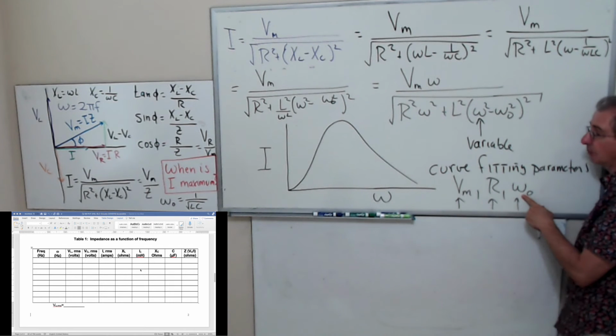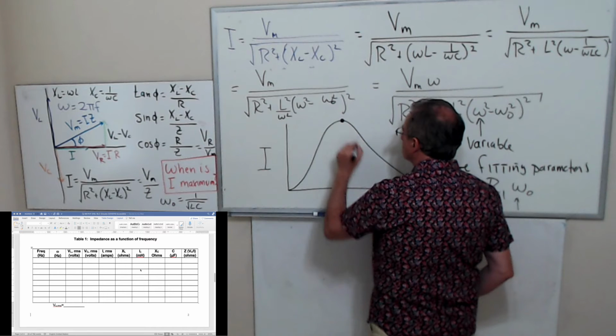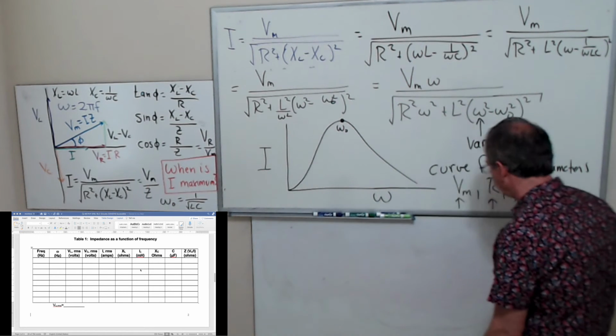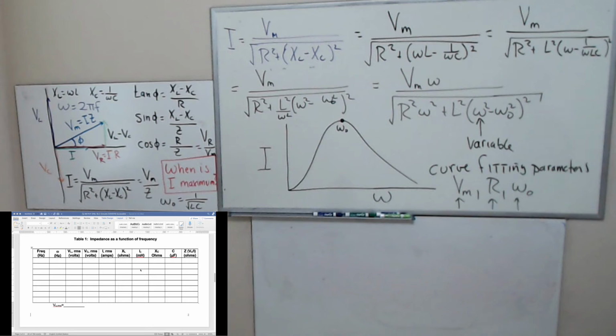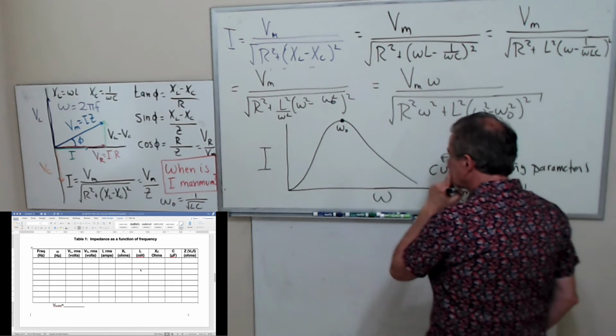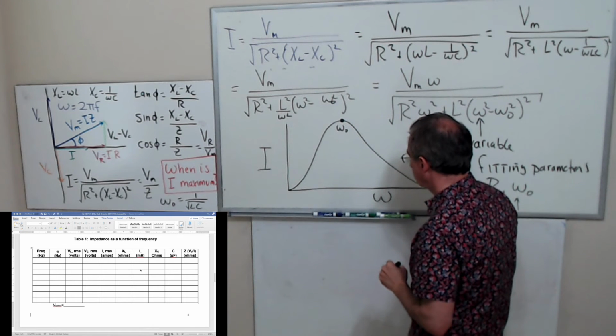But the interesting terms are these guys. In fact, this is the one I'm most interested in because it's going to tell us what the resonance frequency is. It's going to be the peak in the current. And we're going to extract information from it. We're going to look at something called the quality of the circuit.